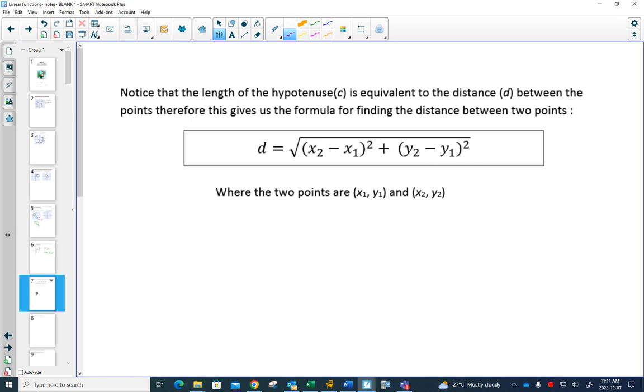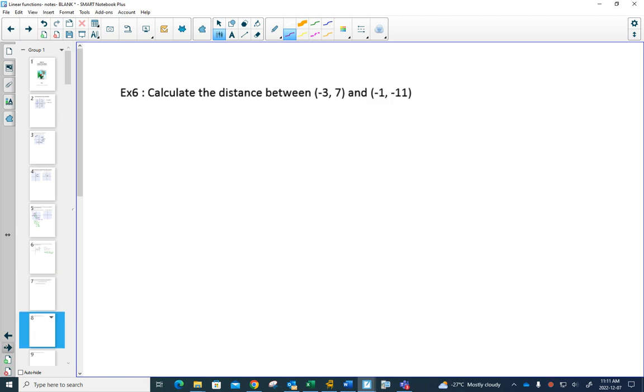And our first question here says, find the distance between (-3, 7) and (-1, -11). So the first thing I find helpful is if you're going to use the formula, write out the formula as it is on your formula sheet.